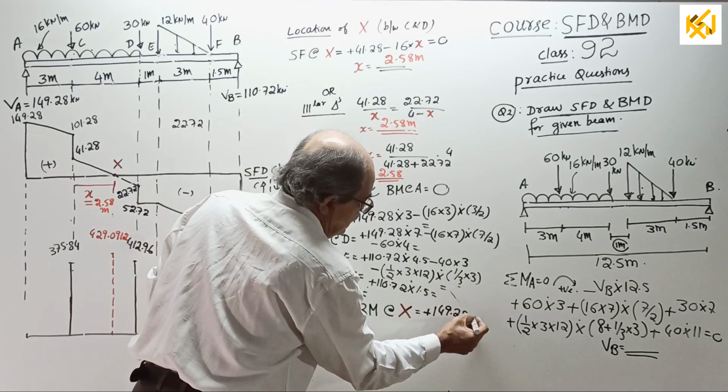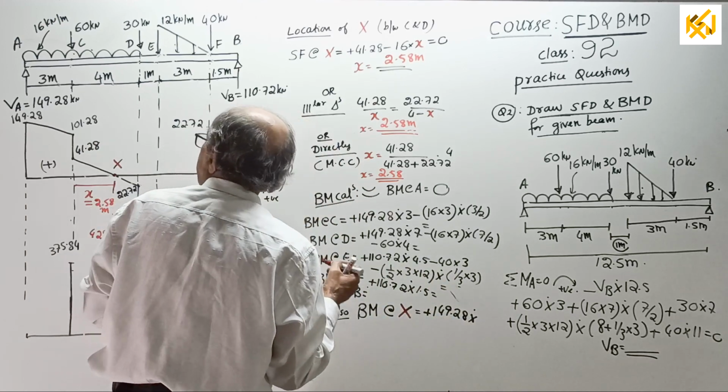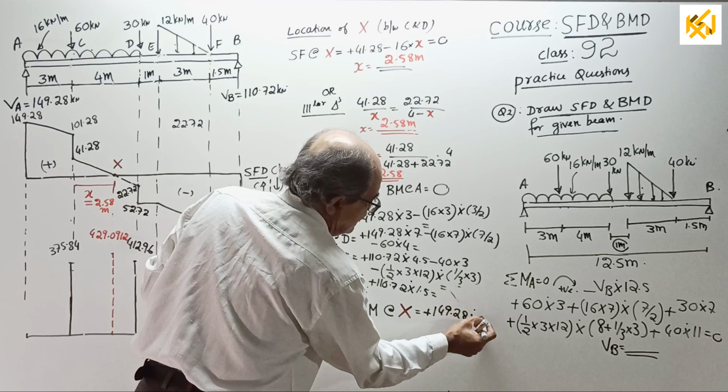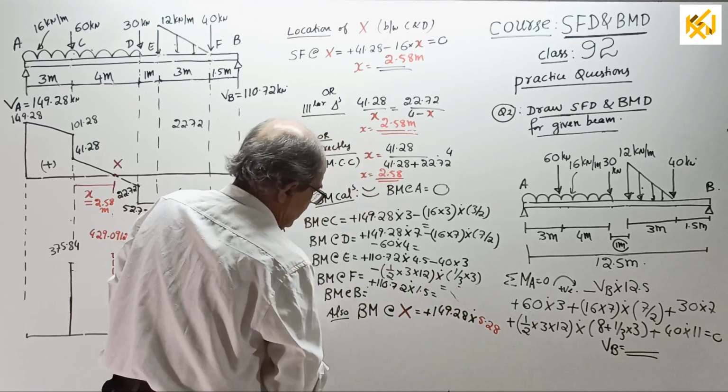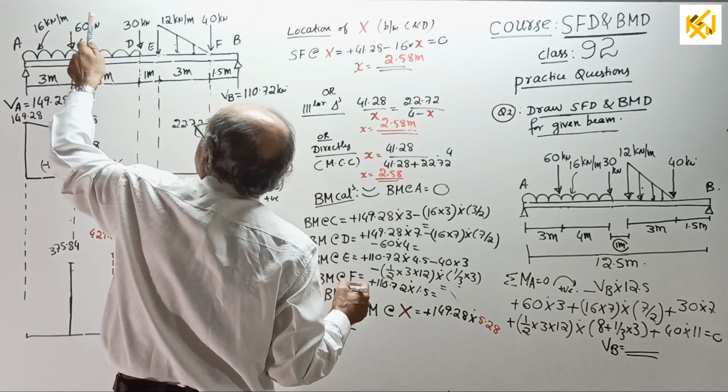149.28 into, I am using red color because of where this red value is coming, so 5.28 minus UDL 16 into this length, how much?